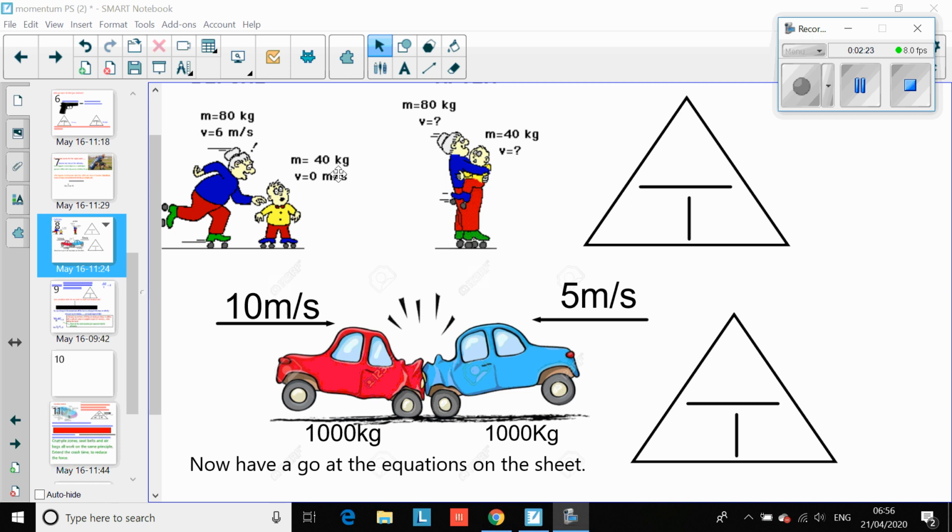Now, if we do the standard thing, mass times velocity, we get the adult's momentum, and we get the same with the child. So 80 times 6 is 460, I believe. Okay, it's 480, sorry. So the adult's momentum is 480, mass times velocity. Okay, child's momentum is mass times velocity, which is 0. So their momentum is 0.